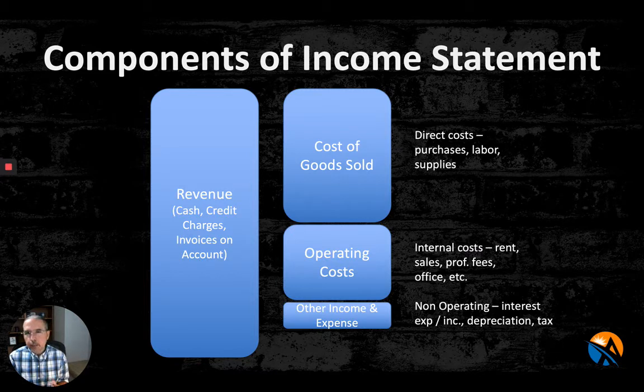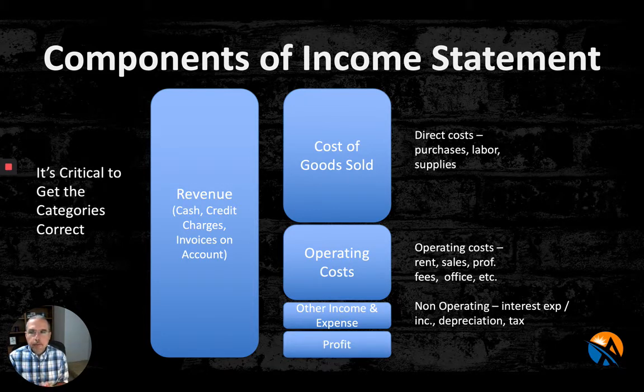You're going to have depreciation of your equipment that you have bought and is recorded. And then you're going to have things like tax expense. So they're really kind of things that you can't necessarily control, but they don't necessarily contribute to the operating of your business. And so what's left is profit. Profit would be what's left in the income statement.